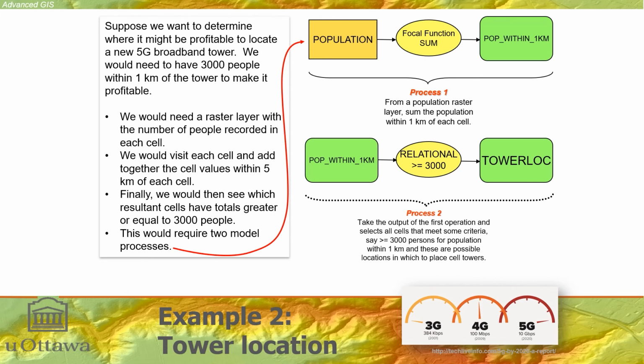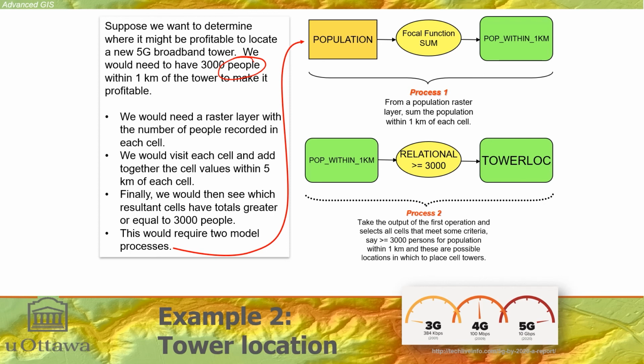So looking at this, we need something with people. We need a raster that represents, for each cell, how many people are in each cell. And then we have to look within 1 kilometer of each cell at the sum of the people and see if it exceeds or meets 3,000.